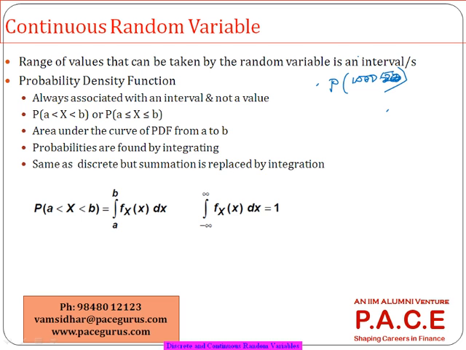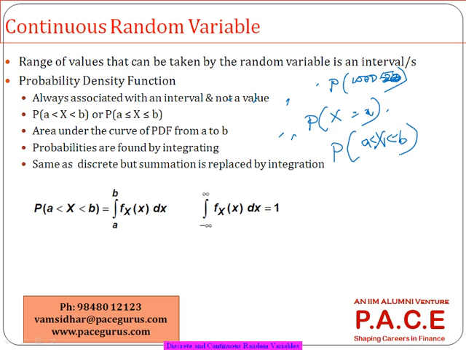So in continuous random variables, we will not talk about the probability of getting a particular value, because in our discrete case, we clearly wrote things like this: probability of X equal to x, the probability of getting one particular value. Whereas in the continuous case, I can never write it like that. The only possibility is the probability of X lying between a and b.